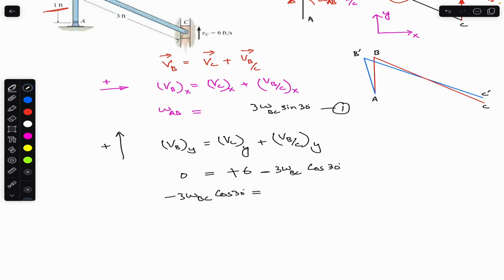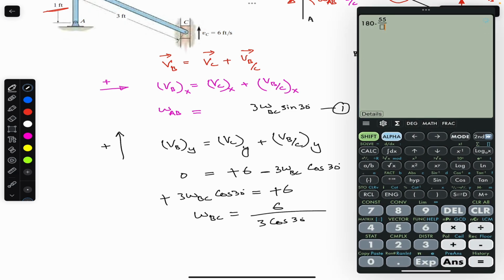Now from this equation we can write that minus 3 omega BC cos of 30 is equal to... we need to bring this term to the other side, so this will become plus 6. Similarly, to find omega BC, this will be 6 divided by 3 cos of 30 degrees.